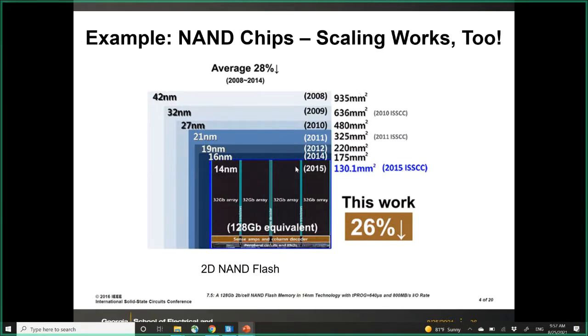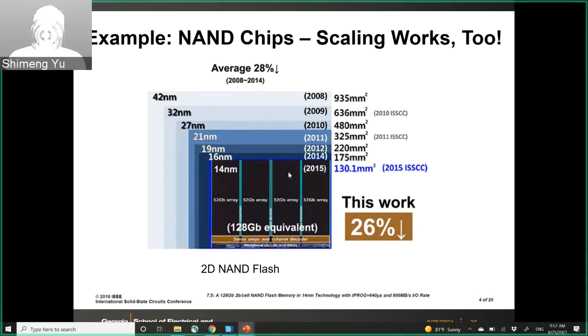So here it shows the scaling of the 2D NAND, and in 2015, that's probably the last generation of the 2D NAND, and the equivalent feature size is about 14 nanometer. Since 2015, the industry switched to the 3D NAND, and we'll talk about that in more detail later.